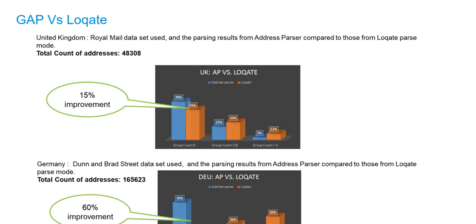And in case of Germany, this margin grew a lot, and about 60% improvement was shown. In case of Germany, eight components were parsed correctly for 76% of the addresses in case of the address parser, and only 14% of the times for Locate, which is a good number.